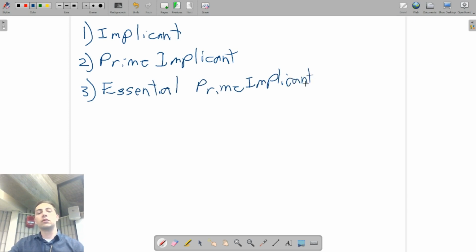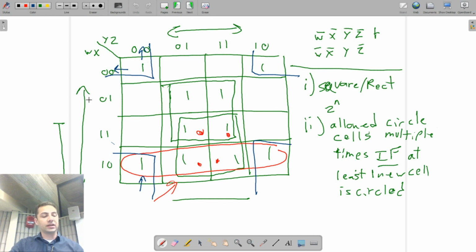And the last and most important is called an essential prime implicant. So they get better and better as they go along. Okay.